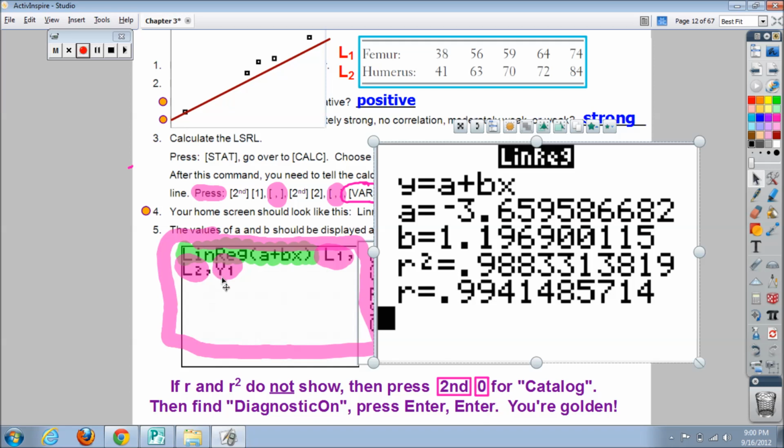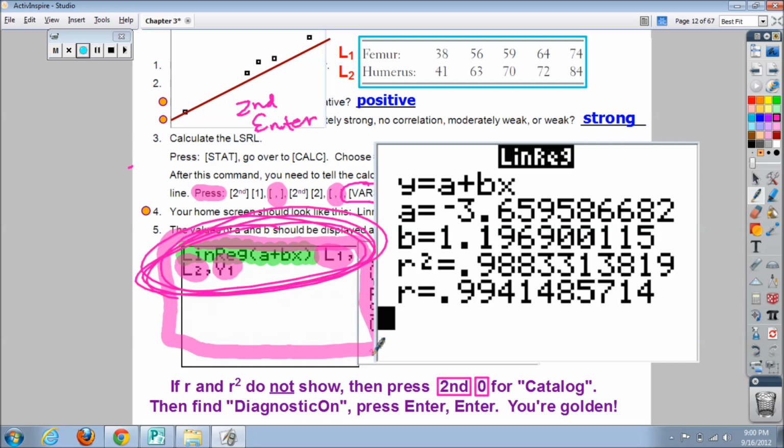Now if you go back, a shortcut command would be to press 2nd Enter and keep pressing that until you get this command to come back, your LinReg, and then press enter, and then you should have your r and r-squared values here. Now r is our correlation value, and you can see that this is very close to 1.